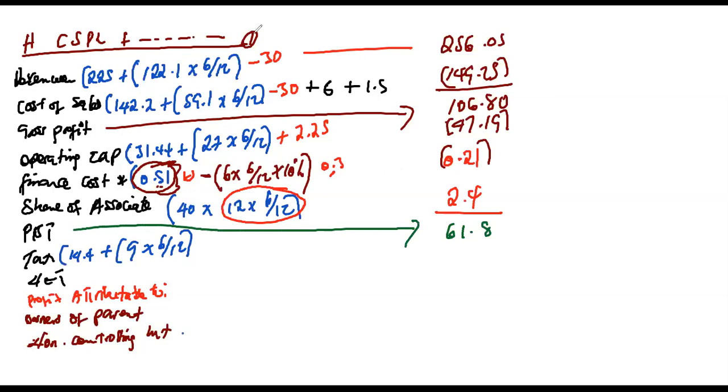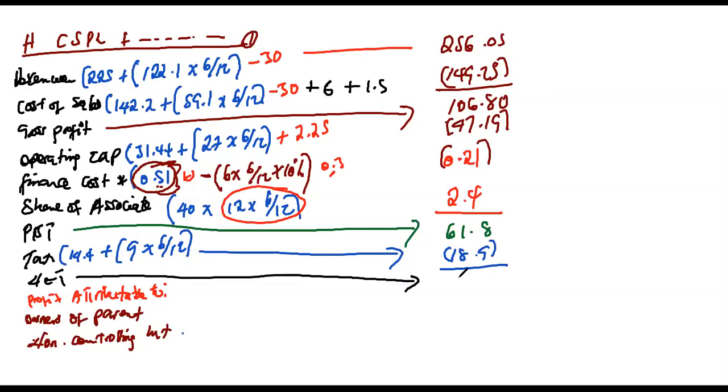And then we charge the tax income. How much is our tax income? 18.9. When we list, what is our net profit? It's 42.9. Our net is 42.9.